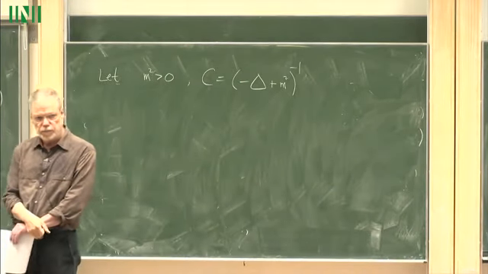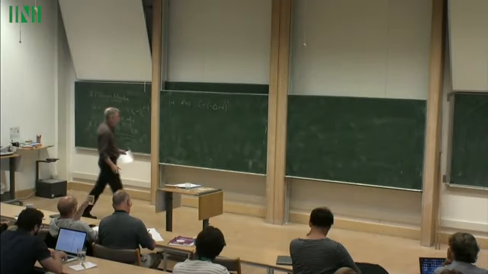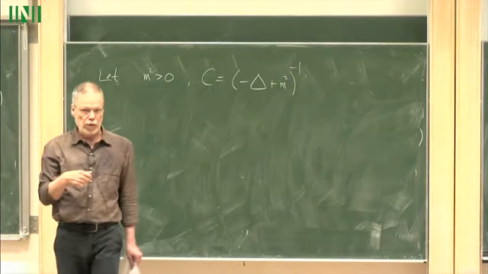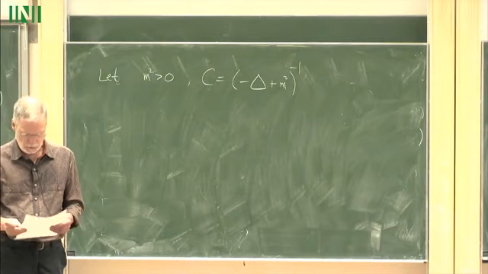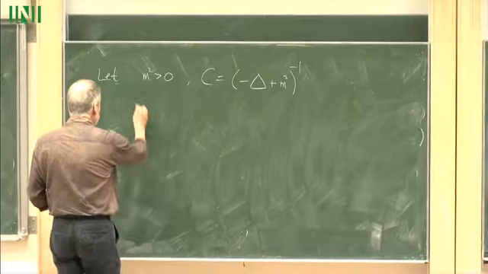Without the m squared, there'd be a zero mode, and it wouldn't be invertible, so I want to include that. And you could also replace this minus Laplacian by a fractional power. And essentially, there's a version of everything I'm going to say during this hour for that case as well.